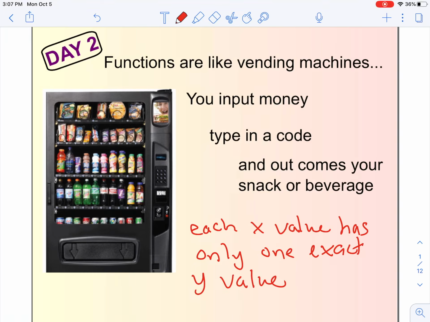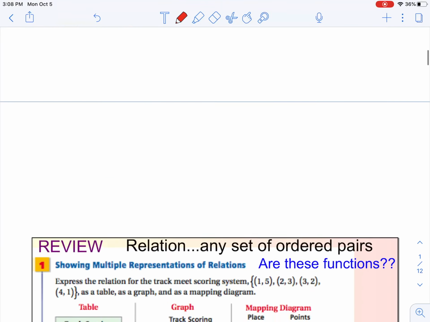So when we look at this, we input the money, we type in the code. The code is our x, and what comes out, every code only has one exact snack that gets dispensed. So the code that you type in is like your x value that you input, and exactly one snack output is your y value. So another way to think about functions.